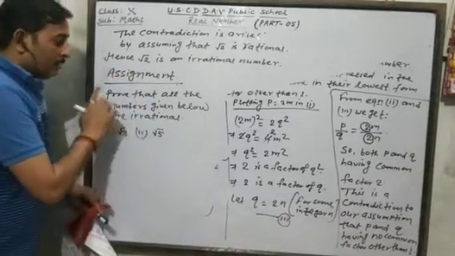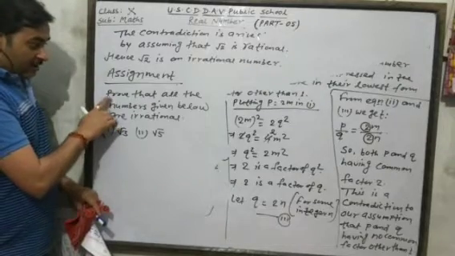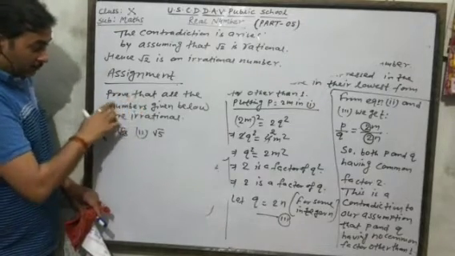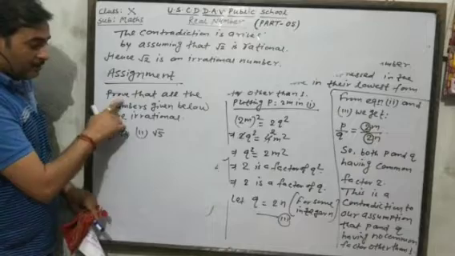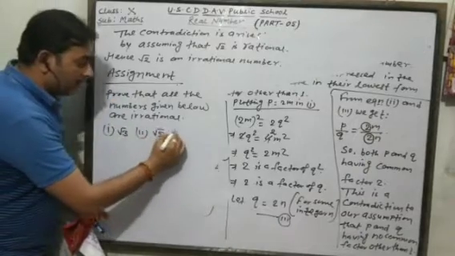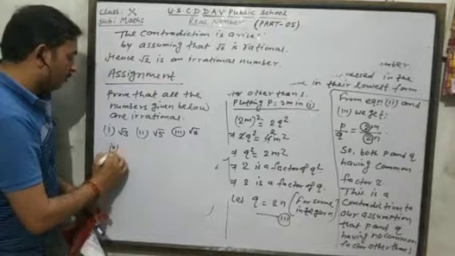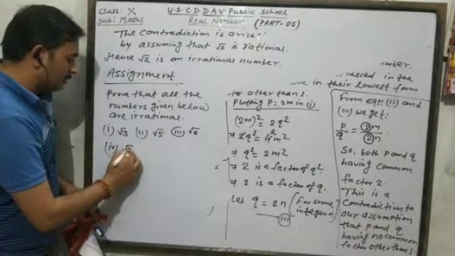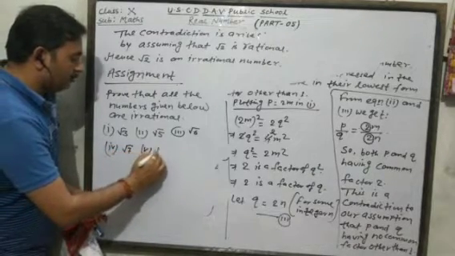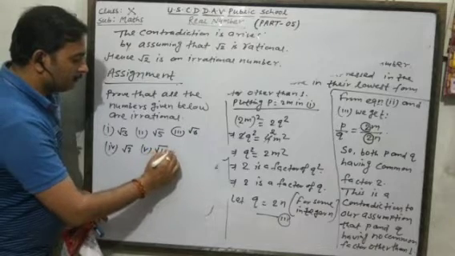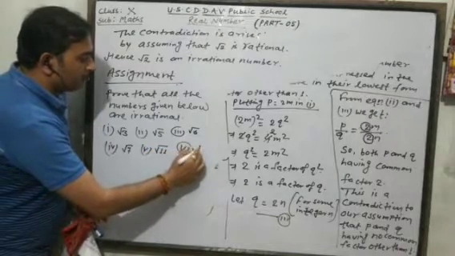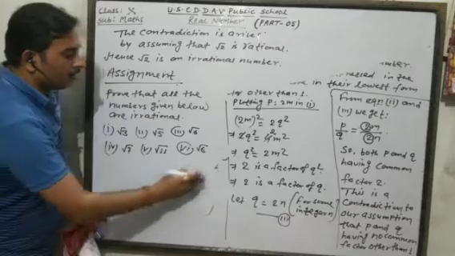So let us try on your own to prove that root 3 is irrational, root 5 is irrational. Similarly, root 6 is irrational, root 7 is irrational, root 11 is irrational. And you can also prove that root 6 is also irrational.